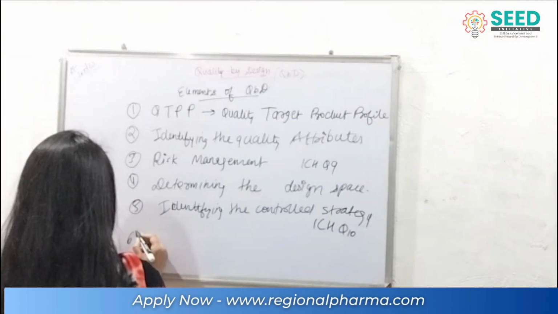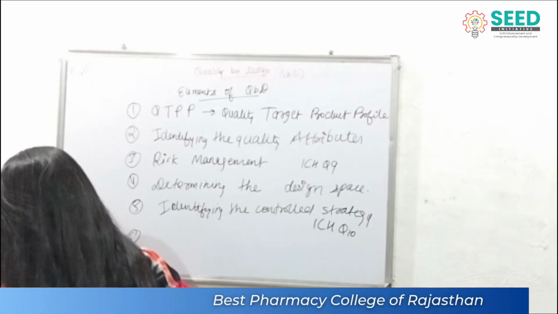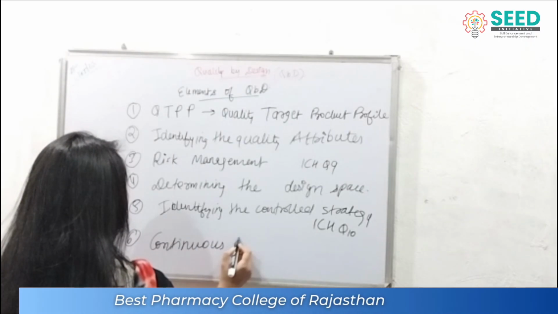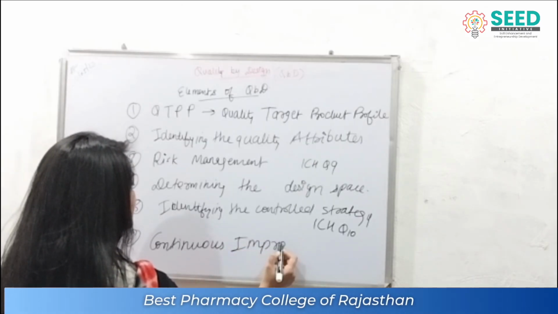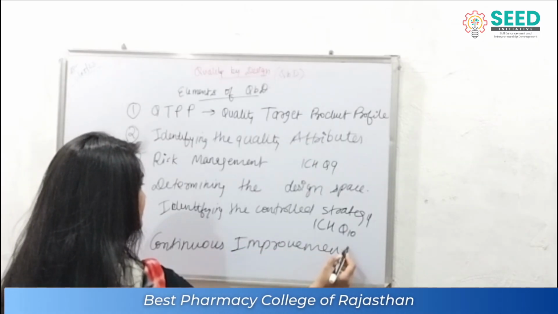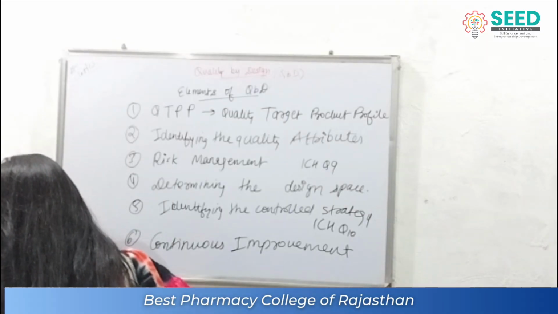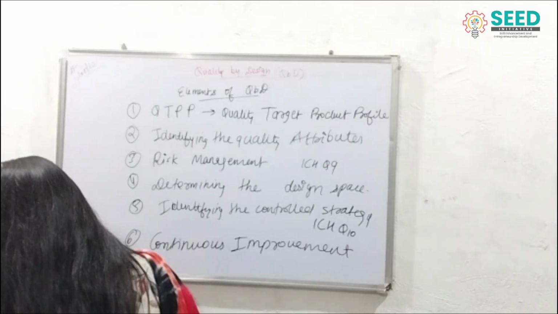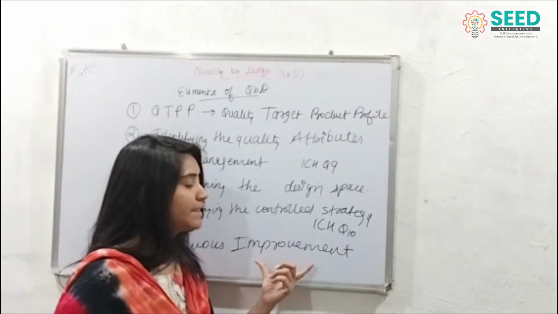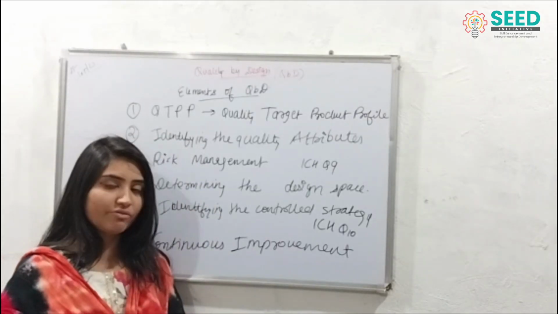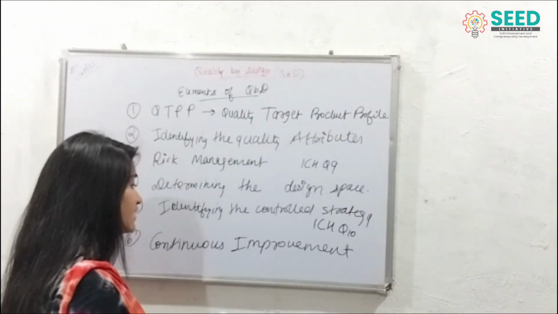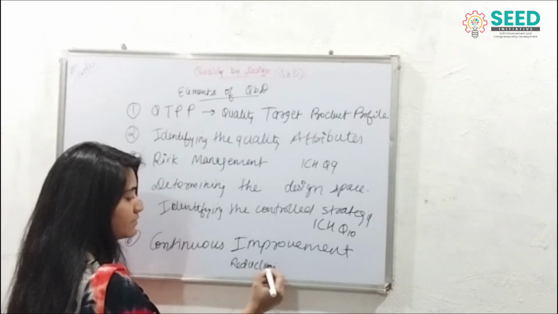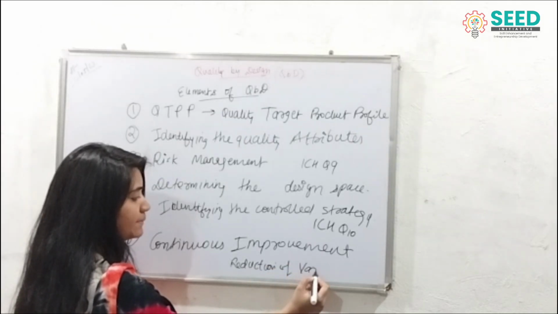And the last one is continuous improvement. Now continuous improvement mainly focuses on the reduction of variables.